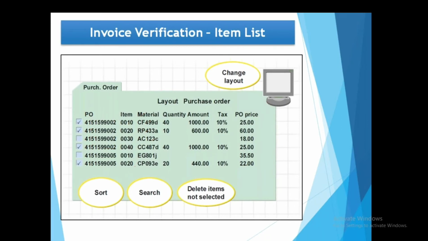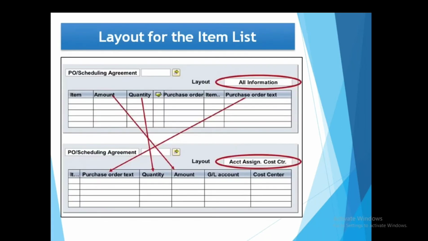Okay. Now we will discuss the layout for the item list. Normally in the Miro transaction, you have the layout which shows all information. If you select the layout all information, you have the columns here like this. Now if you change the layout, according to that layout the columns will get moved.